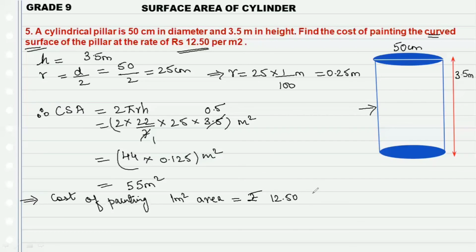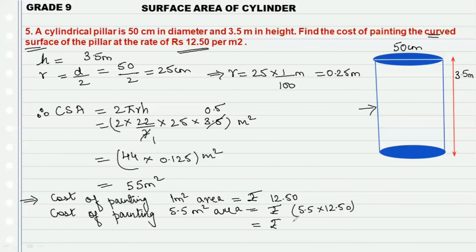Then if we have to find the cost of painting 5.5 meter square area, we will obviously multiply, right? 5.5 into 12.50.